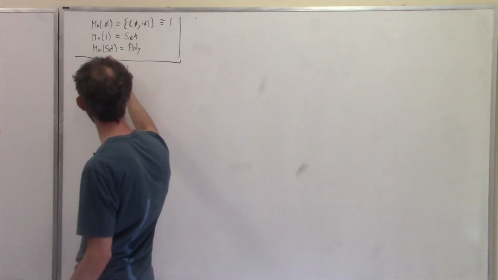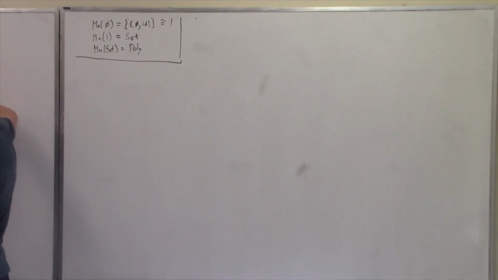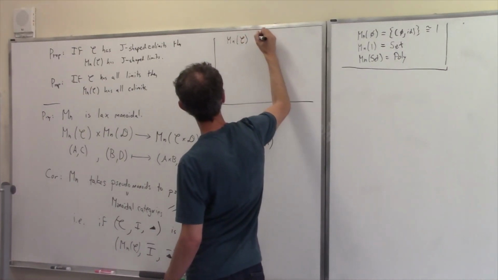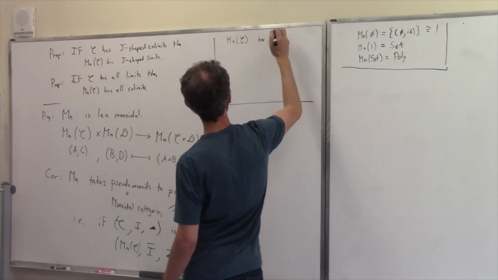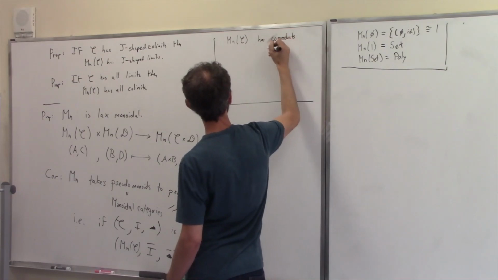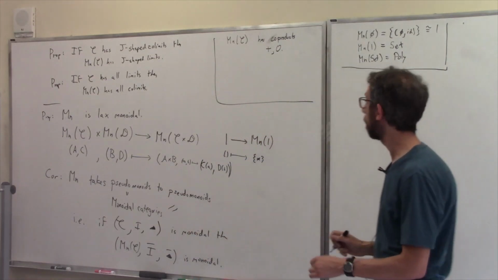But for example, oh, I forgot to say this. We also know, since menu is the coproduct completion, it always has plus. It has arbitrary coproducts, but in particular, it has binary coproducts.